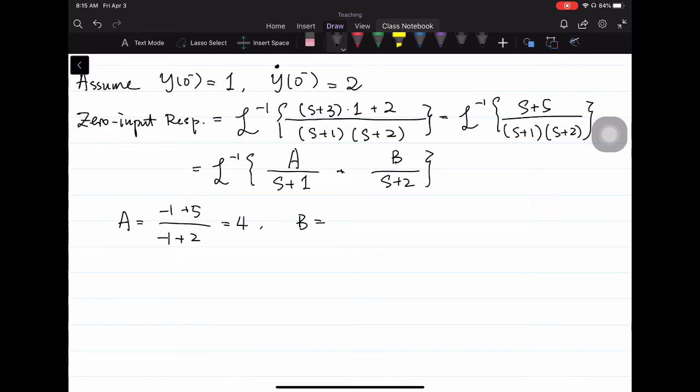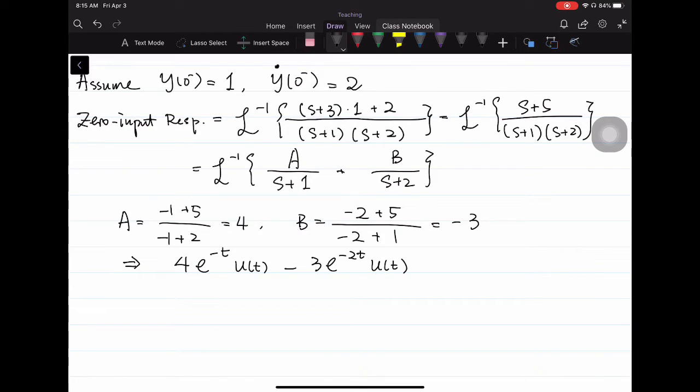And B will be minus 2 plus 5, since B corresponds to s plus 2, over minus 2 plus 1, since you covered this s plus 2 term in the denominator. And this will be negative 3. So in this case, it means the zero input response under that initial condition is 4 e to the minus t u(t) minus 3 e to the negative 2t u(t).